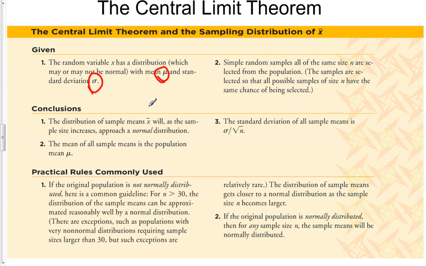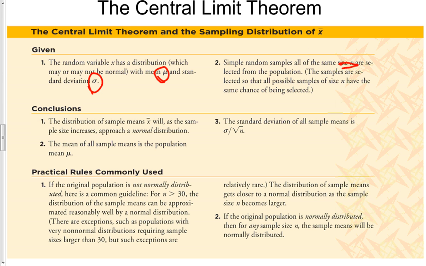So we have a random variable x that has a distribution that may or may not be normal, but we know the mean of that distribution, and we also know the standard deviation. We know the population mean and the population standard deviation, or we don't necessarily even have to know them, but they have to exist.